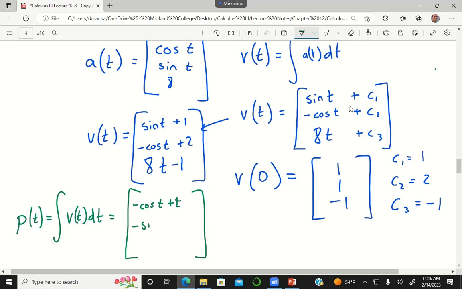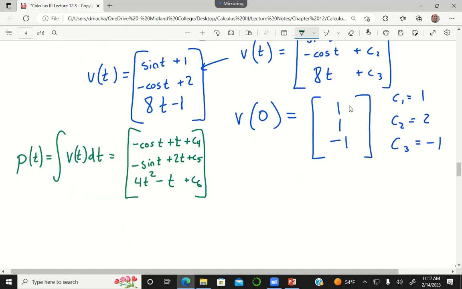Negative sine. Antiderivative of 2 will be 2t. And then the antiderivative of 8t is 4t squared minus t. And then, because we just took the antiderivative, we can add constants. So I'll say plus c4, plus c5, plus c6.